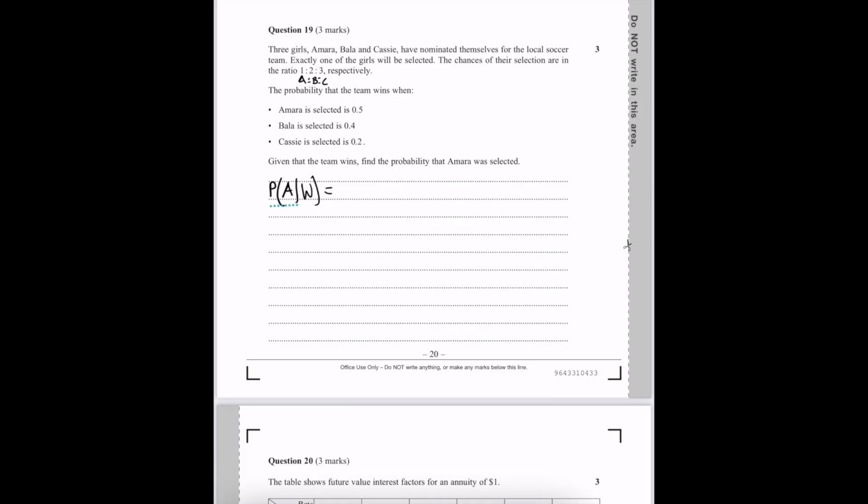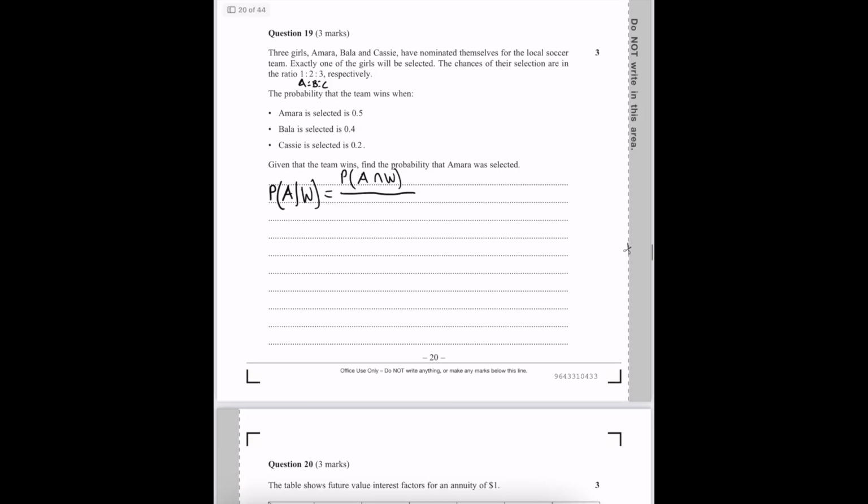And what we should know by conditional probability is this is equal to the probability that A and W both occur over the probability of winning. So the probability that Amara is selected and they win, all divided by the probability that they are going to win.